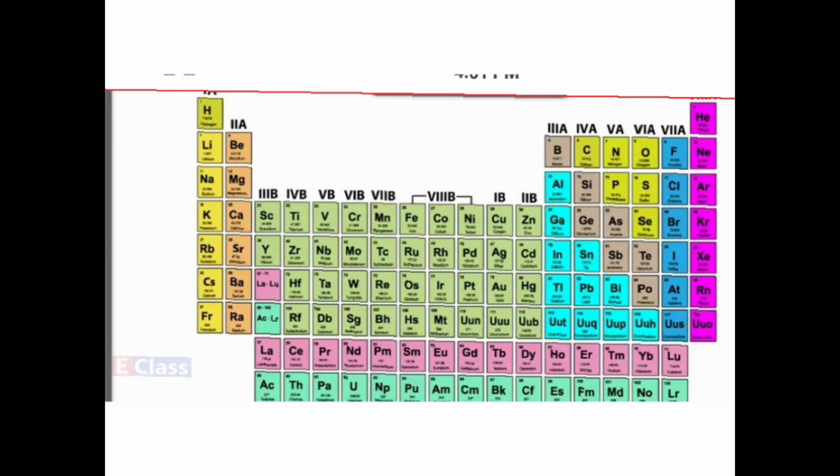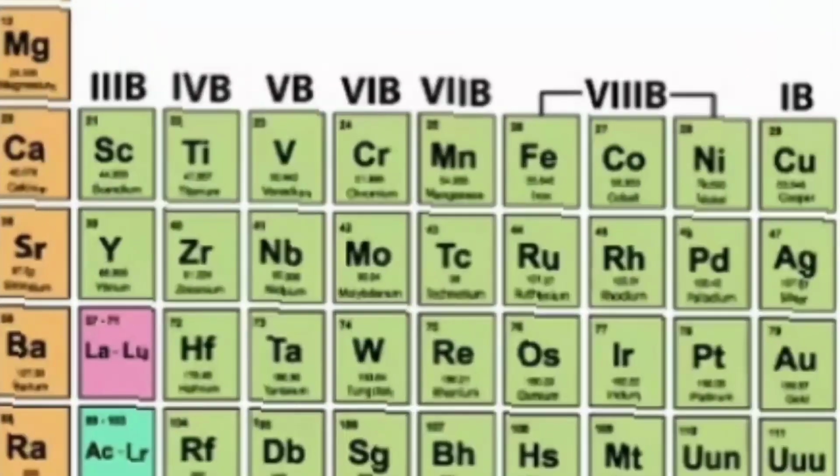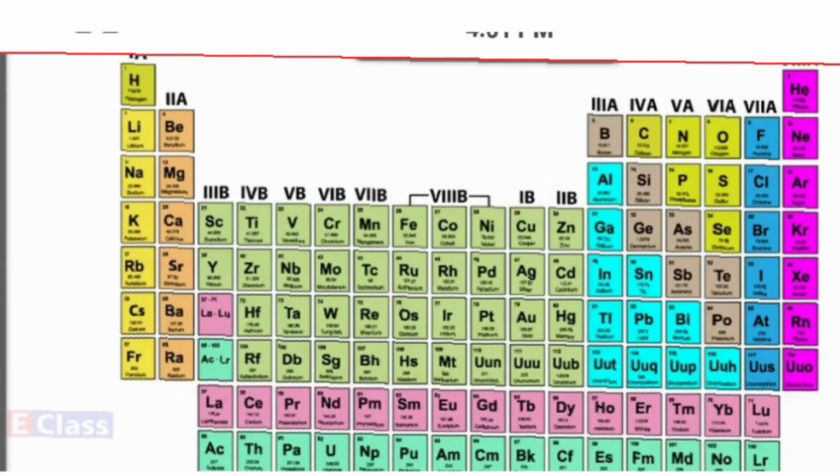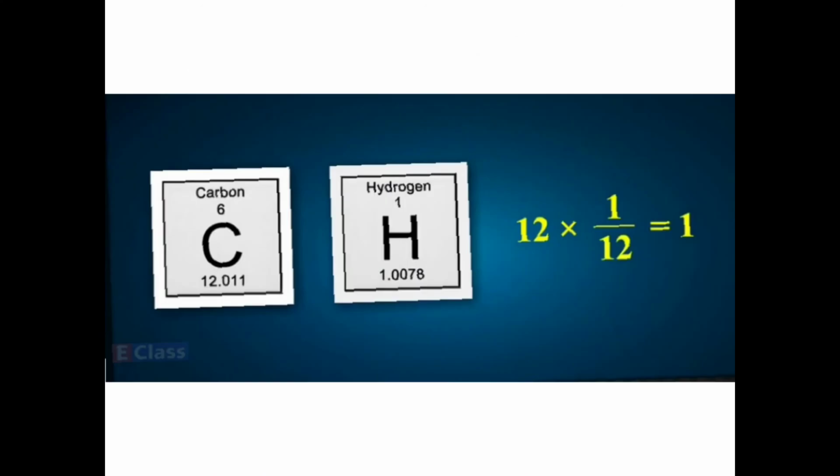See here we have a table in which the atomic masses of various elements are written. The symbol is given accordingly. Various atomic masses are also given. So taking 12 as the standard for carbon, the hydrogen is 1/12 part, that is 1.